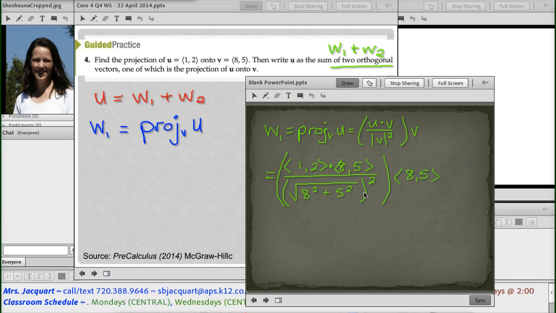Okay, so when we do the dot product, we simply multiply the parts. So this is going to be 8 plus 10 all over 64 plus 25, which is going to be 89.